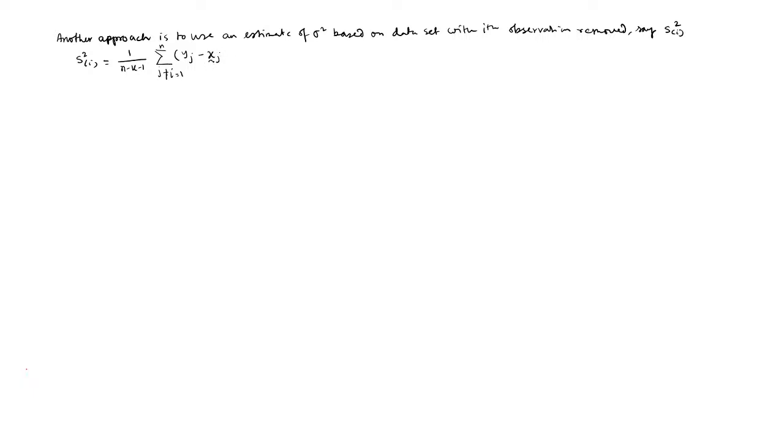This is a row vector, Vj is a column vector, whole square, and this is divided by n minus k minus 1.